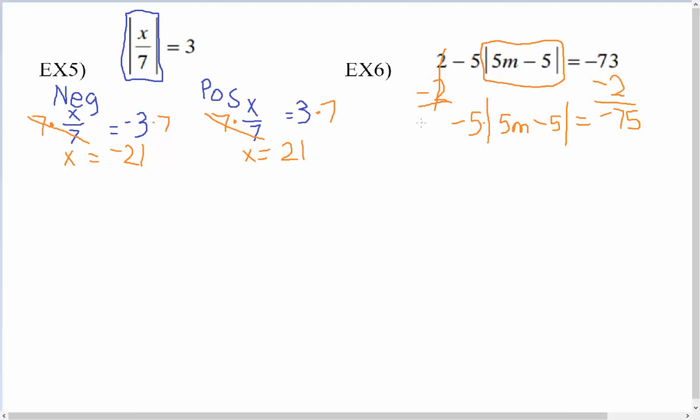Next, since that's negative 5 times the absolute value, to cancel that out, we have to divide by negative 5. So that those cancel. And we are left with the absolute value of 5m minus 5 equals negative 75 divided by negative 5 is 15.